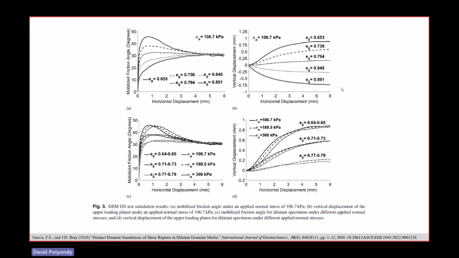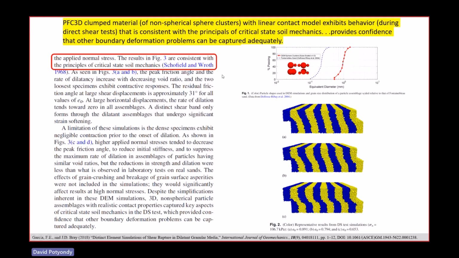These are all the sorts of things that you see in critical state soil mechanics. They basically say the results are consistent with the principles of critical state soil mechanics. So this is giving us confidence that a PFC 3D model with some sort of non-spherical interlocking shapes, just with these clumps, is giving us the proper mechanical behavior.